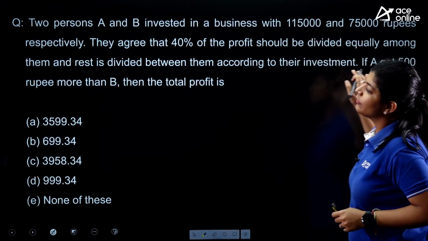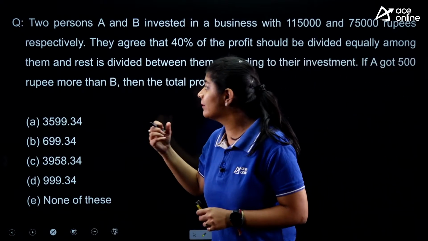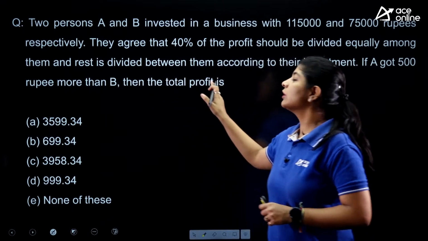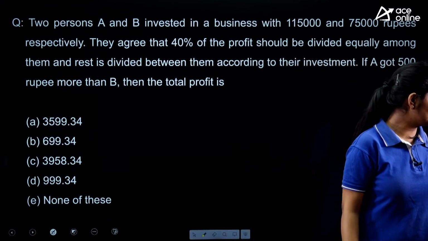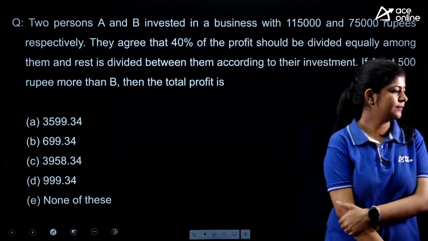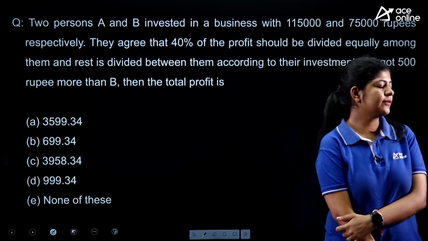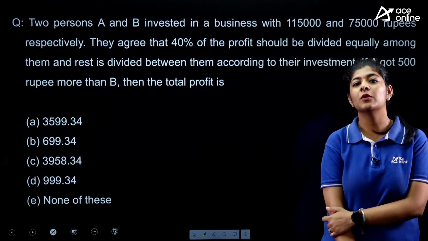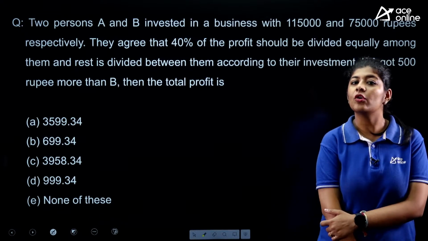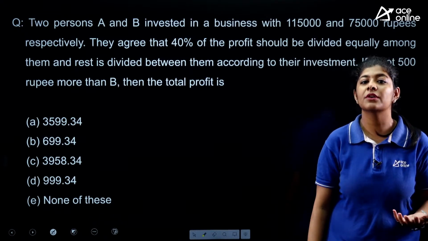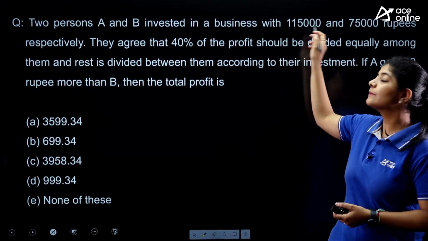If A got 500 rupees more than B, then what is the total profit? We have to find the total amount of the profit. How are we going to find this? First we need to find the investment ratio between A and B, and accordingly divide 60% of the total profit in this ratio.